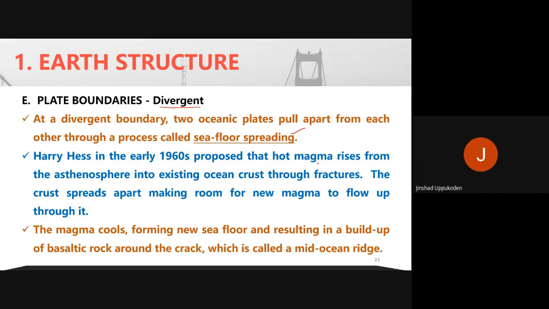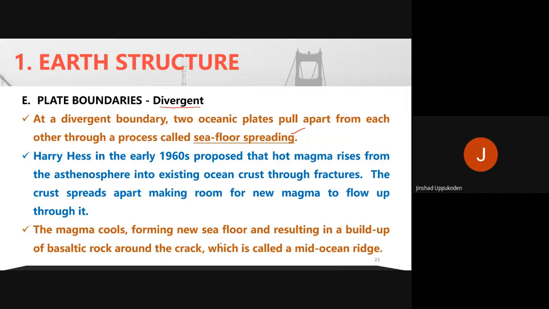Hot magma, that means the hot lava, rises from the asthenosphere into the existing oceanic crust through fractures, the fractures that have been formed by the two plates moving apart from each other. So the crust spreads, making room for the new magma to flow up. Later, the magma cools down, forming new sea floor.